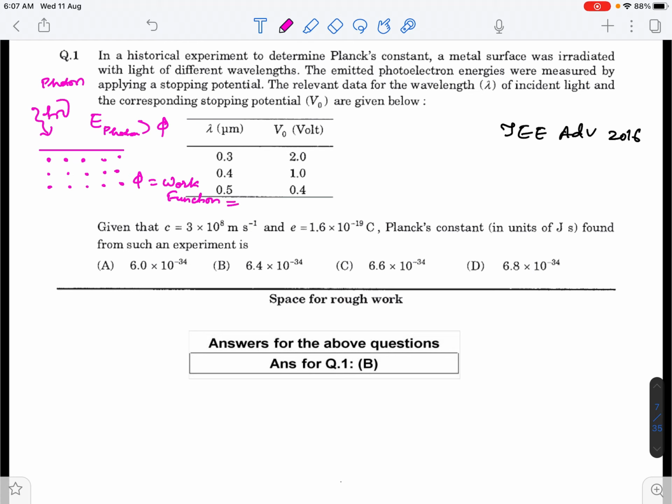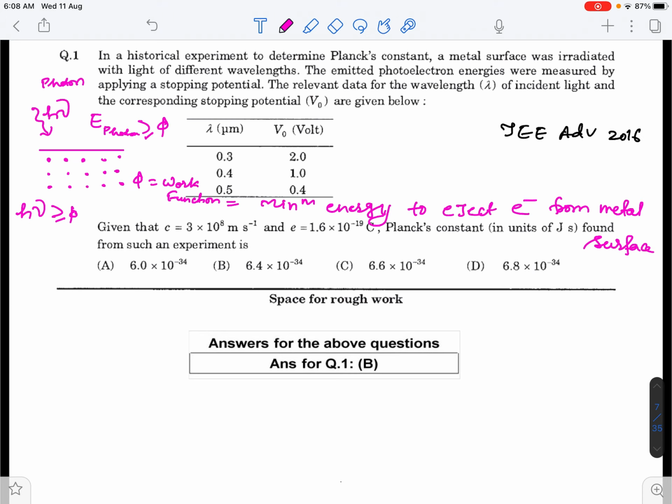So if the energy of the photon is greater than or equal to the work function, then electrons will be ejected from this surface. So h nu must be greater than or equal to the work function for electrons to be ejected.